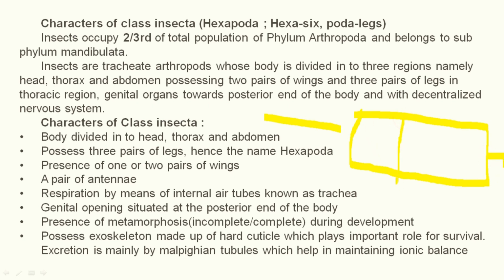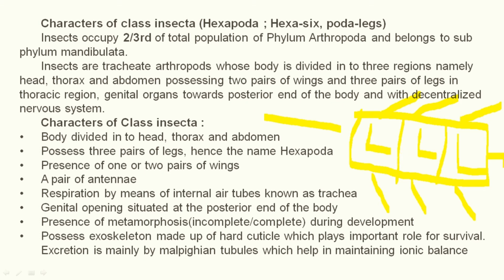This thorax is again divided into three portions. Each portion has one pair of legs. Here one pair, here also one pair, and here also one pair of legs. Understood, three pairs of legs will be there.